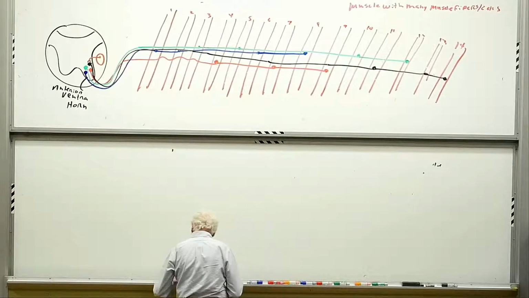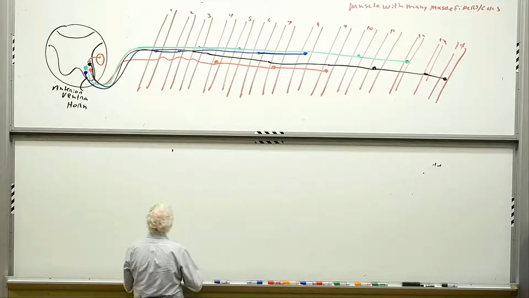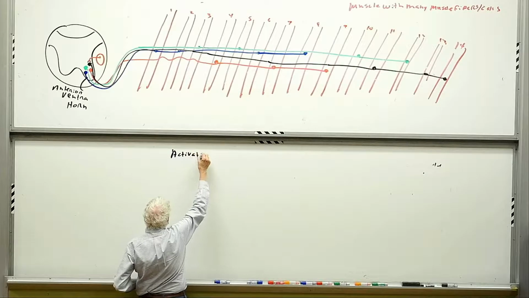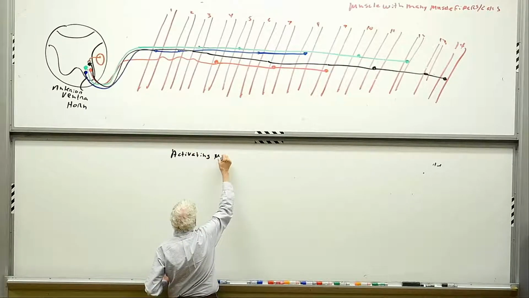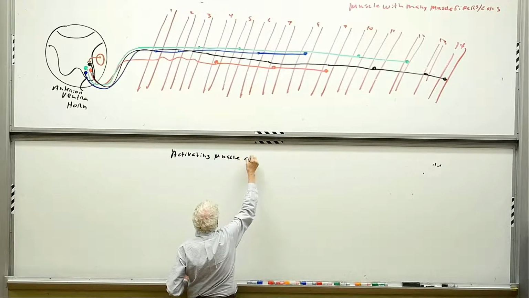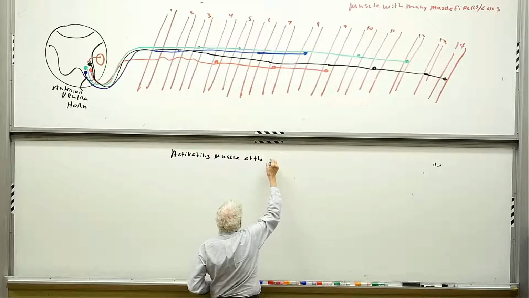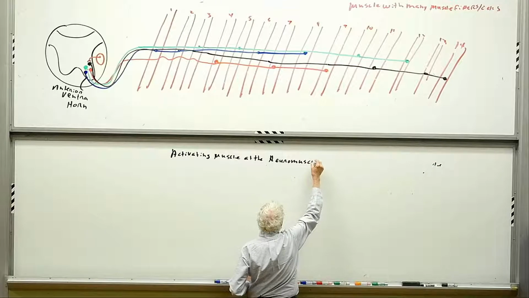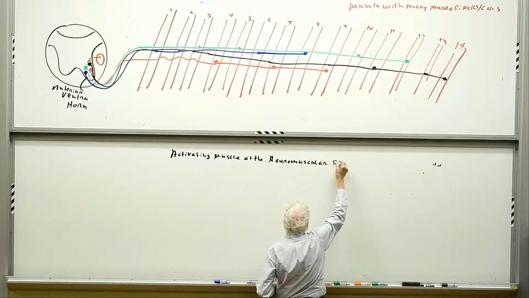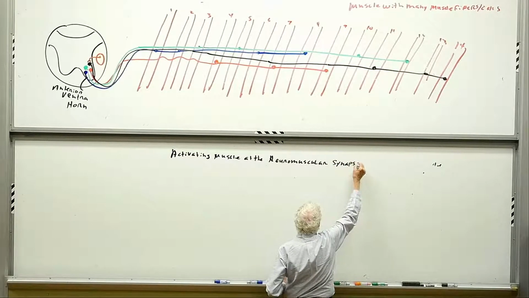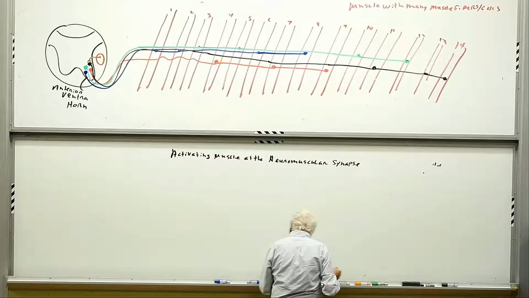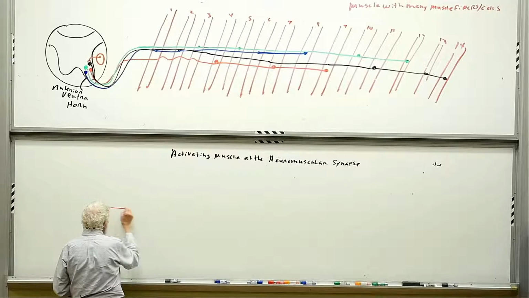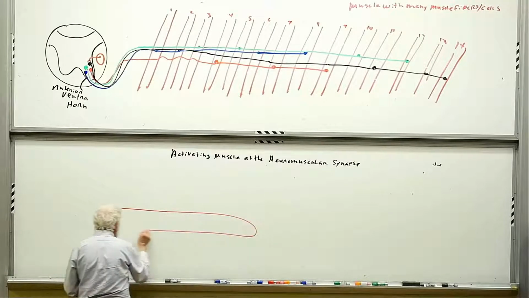So let's take this panel and talk about activating muscle at the neuromuscular synapse. We can imagine a neuron, and we can imagine a muscle fiber. This is meant to be a muscle fiber.